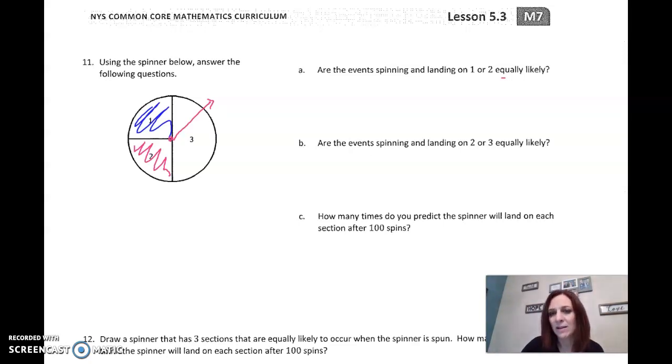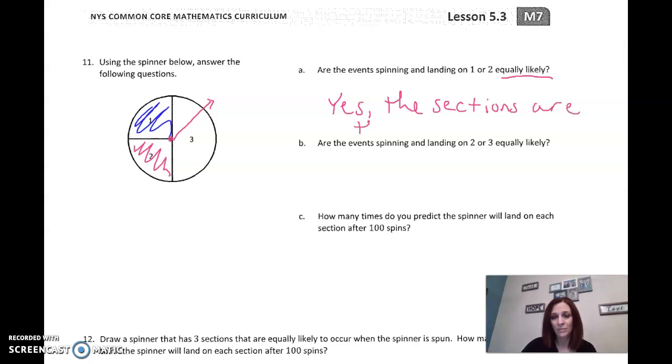Are they equally likely? Yes. Why? The sections are equal, or the same size, right? This one are the same size.